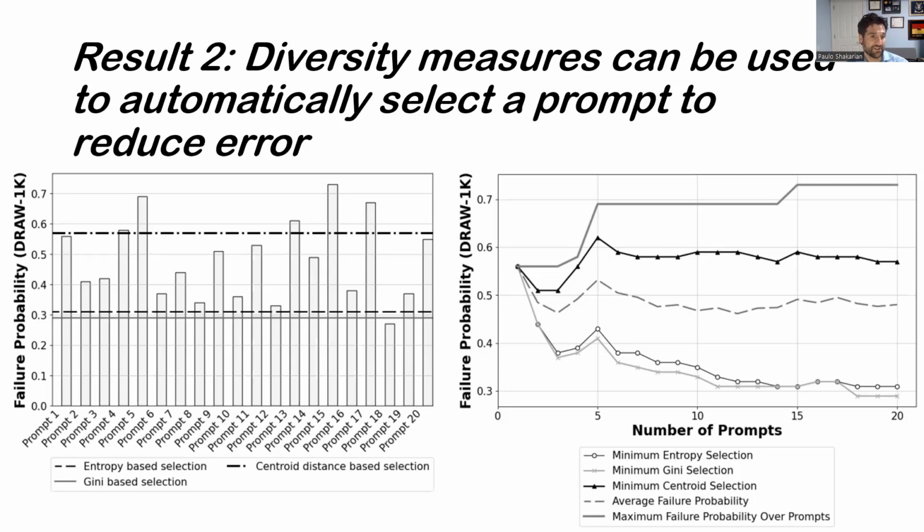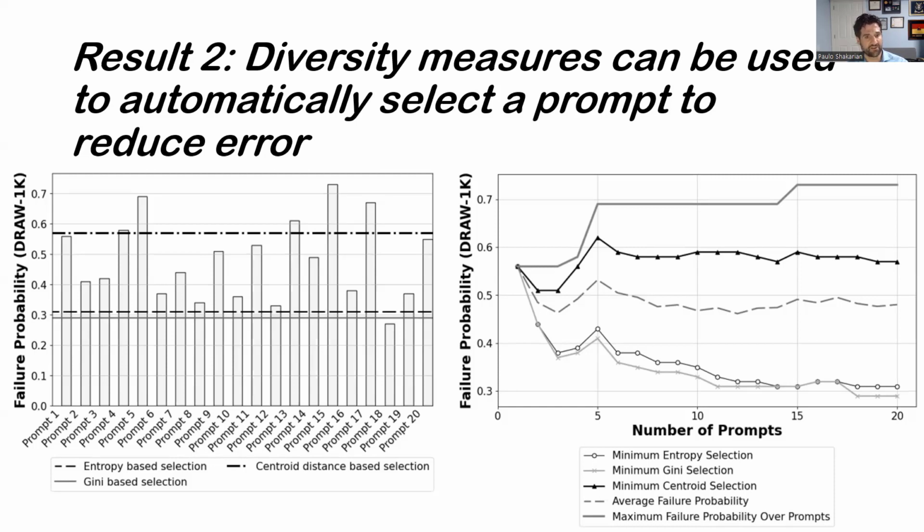The way we did this was we held off part of our data set and we created each of the 20 prompts with a subsample of that holdout set. So we essentially were doing few-shot learning where the samples used in the few-shot learning were different for each of the 20 prompts.